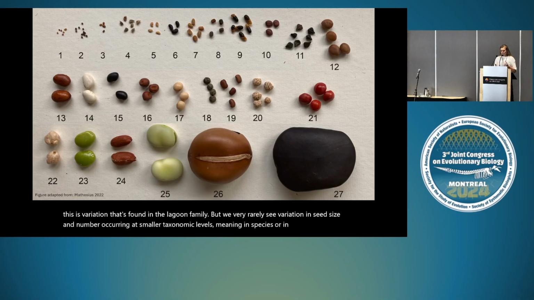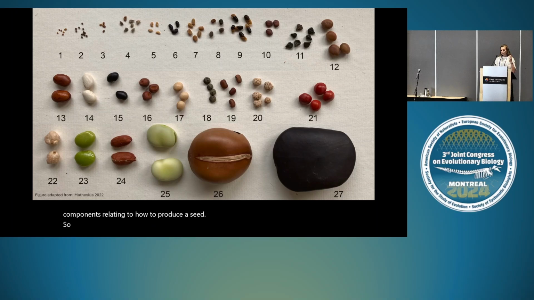Most of that is simply due to similarities and relatedness and developmental components relating to how to produce a seed. So understanding the evolutionary mechanisms that drive the evolution of seed size and number is challenging because of this. And so it's really exciting to be able to work in a system in which we have variation among closely related species and even within a species.